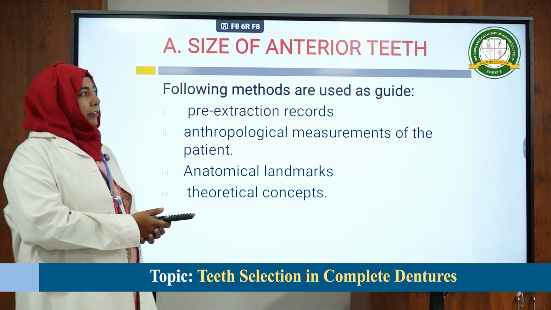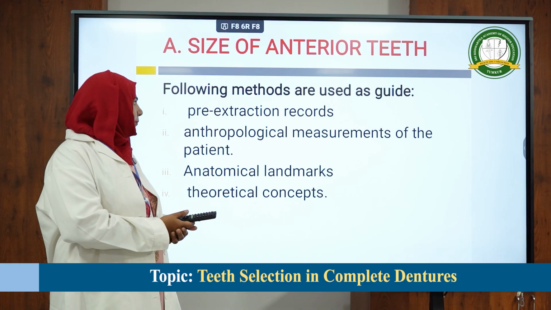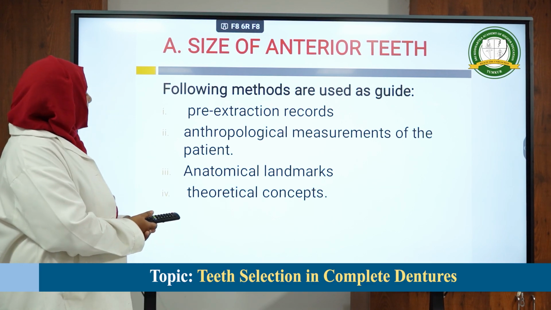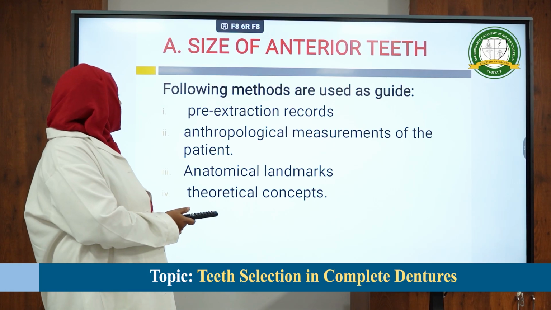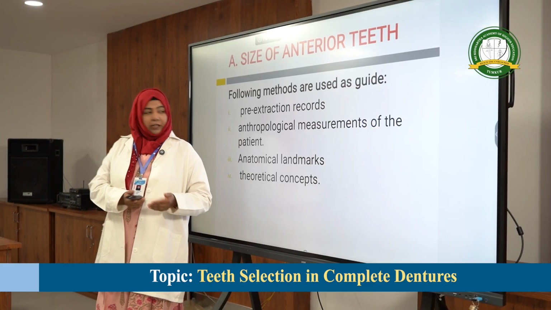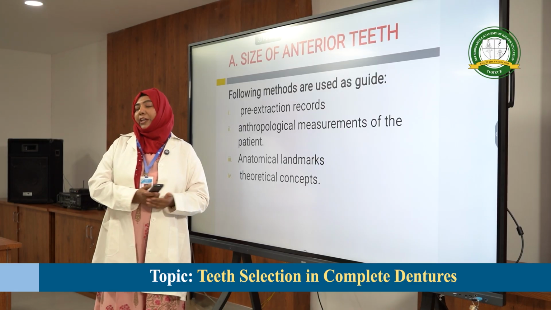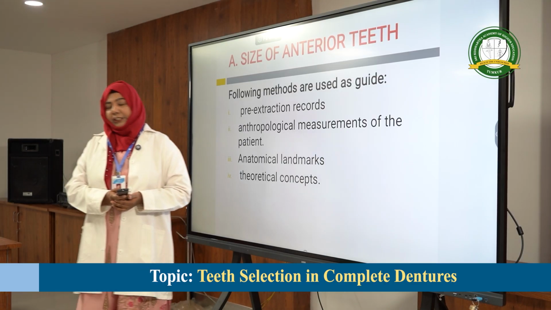We have the following methods to select the size of the anterior teeth. You can select the size of the anterior teeth using the pre-extraction records of the patient, using the anthropological measurements of the patient, and using the anatomical landmarks of the patient.